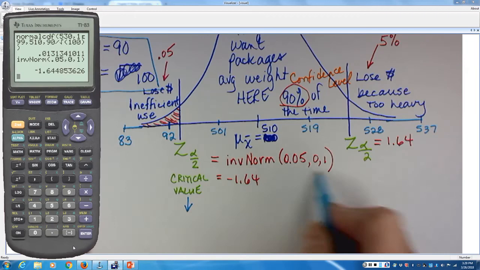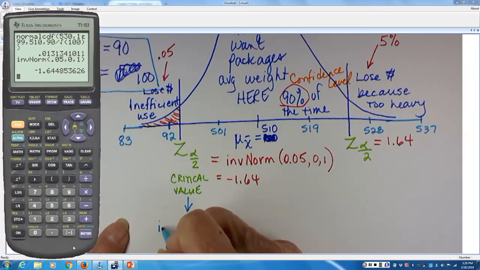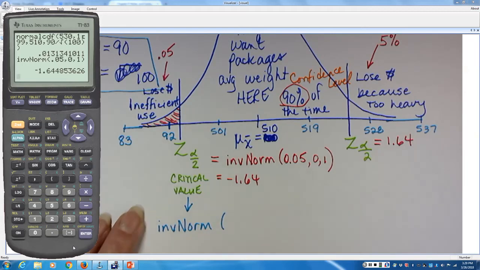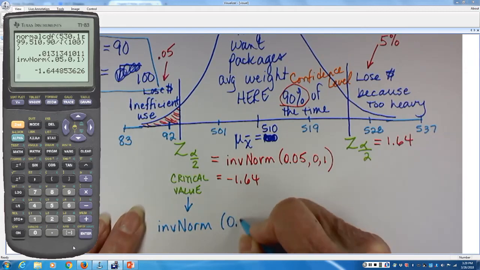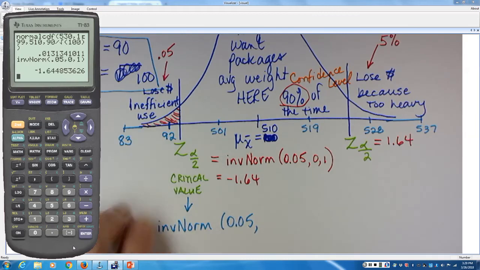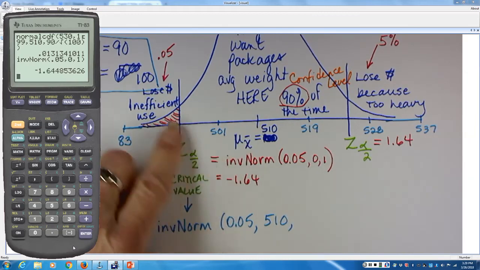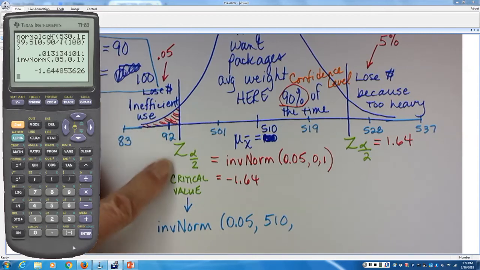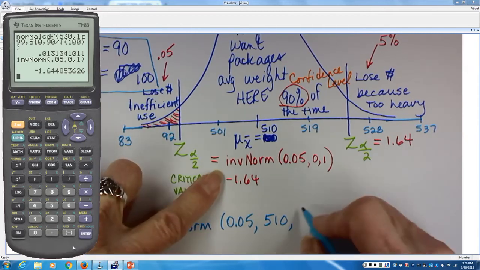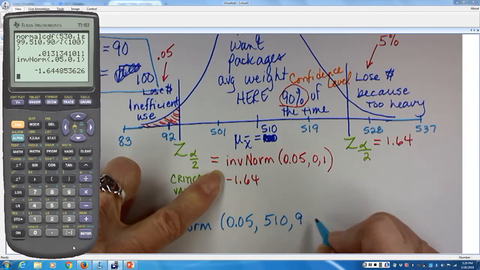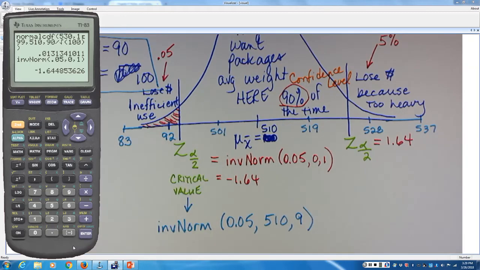Instead of using inverse norm with that, we could go inverse norm and keep that same area, but use the mean of the curve and the standard deviation of the curve, which again is going to be 90 over the square root of 100, which is just going to be 9. I'm going to go ahead and just write it down as 9.